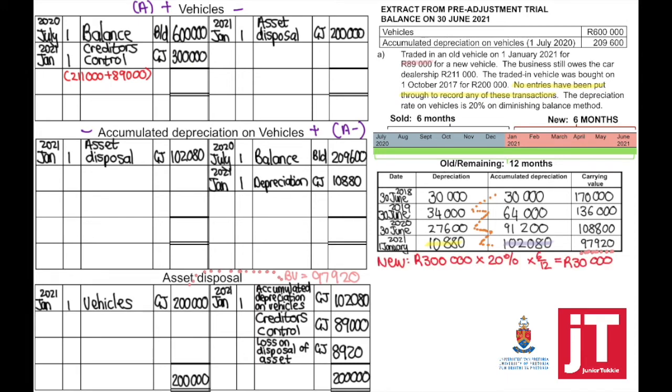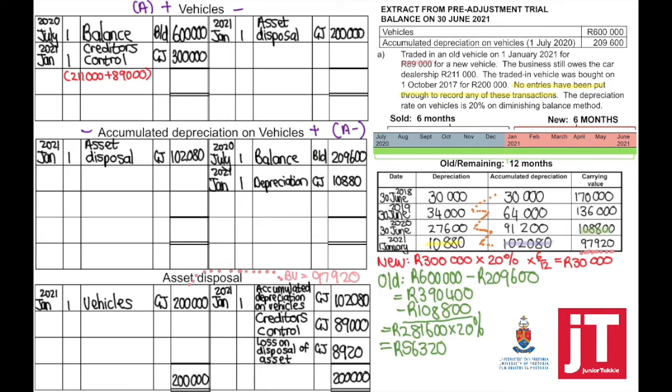Now we can calculate the depreciation on the new. To calculate on the new, it's from the day we purchased it until the end of the accounting period. That equals 6 months. The remaining or old, and this is sometimes difficult for learners, especially if it's diminishing balance method. How do I calculate it? A simple way. What is the book value in the beginning? To get the book value in the beginning, take the cost minus the accumulated depreciation.